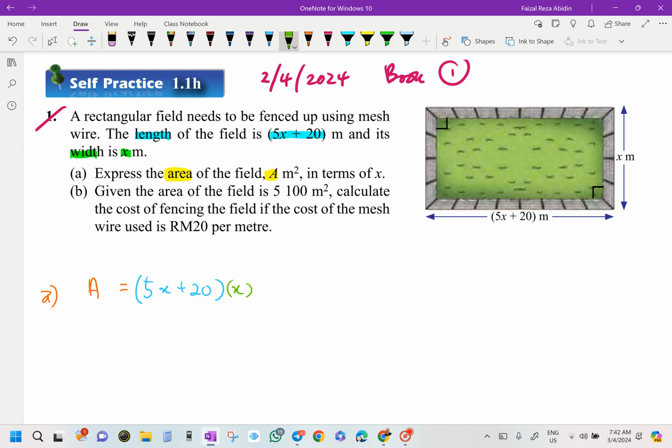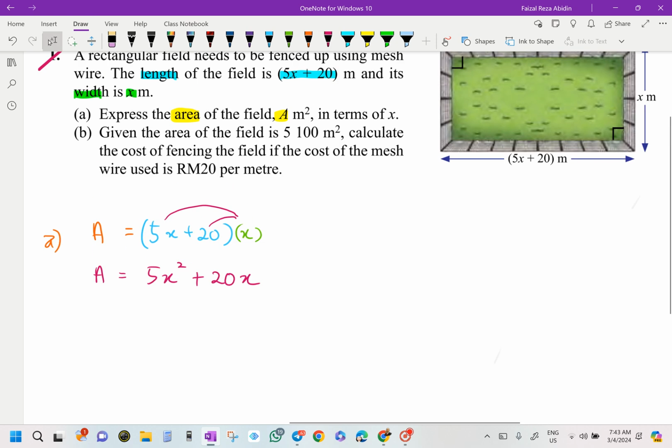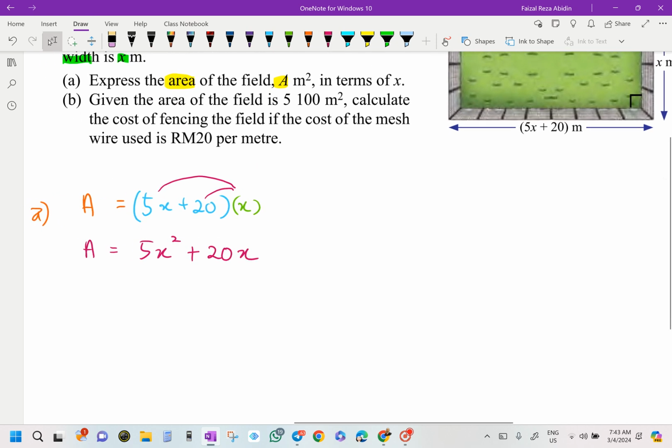What we are going to do is expand 5x times x, we get 5x squared. 20 times x, you get 20x. That's going to be for our area. If correct, tick only.